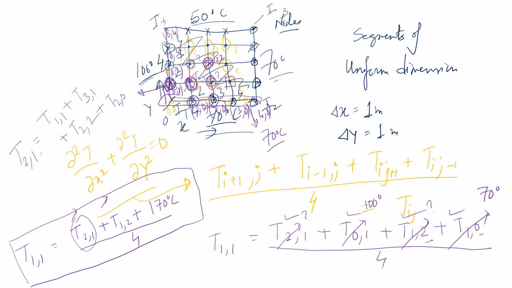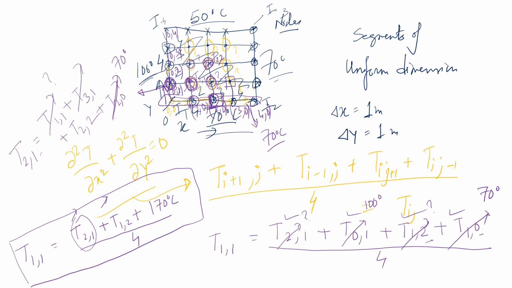1 minus 1 will be 0. So this will be this point, the H point, whose temperature we know is at 70 degree centigrade, right? This point is at 70 degree centigrade. But we do not know what is T11.